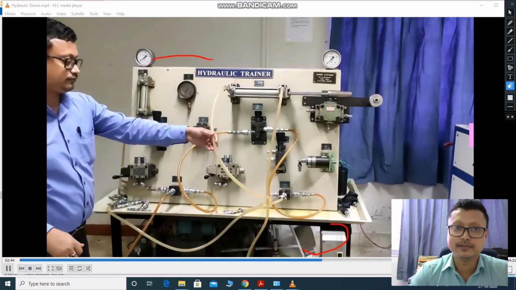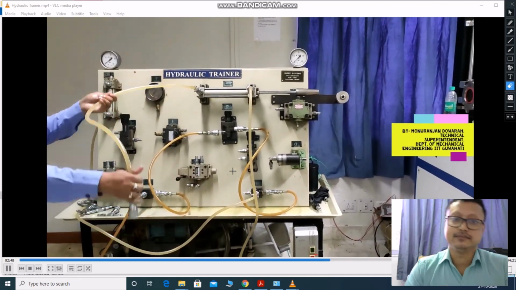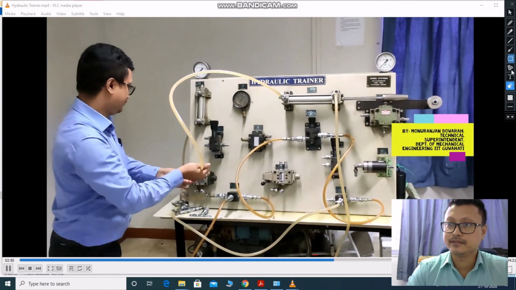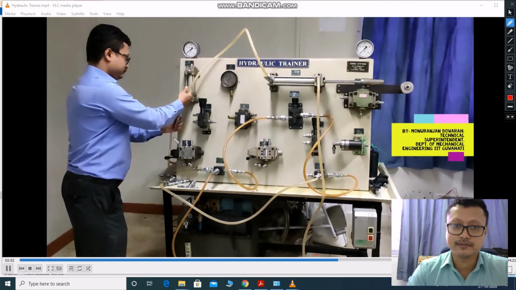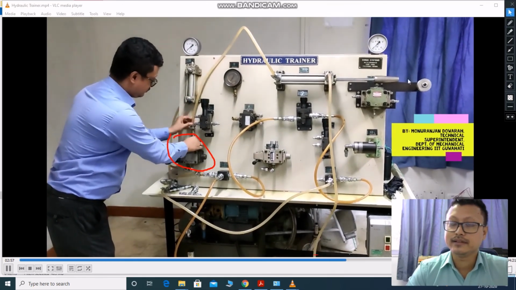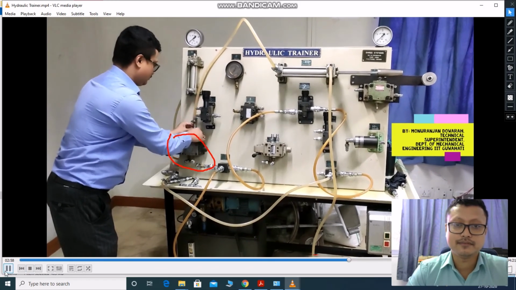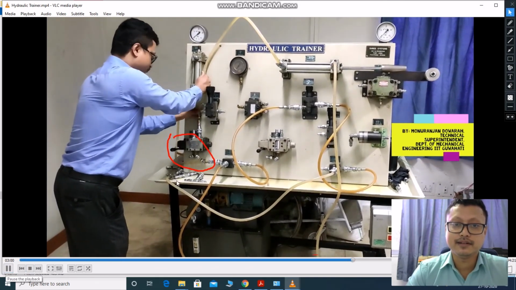Okay, let's move to the last experiment with 4/2 directional control valve with double acting cylinder. This is the 4/2 directional control valve, this one. The connection will be the same, but in this 4/2 directional control valve there are only 4 pipes.